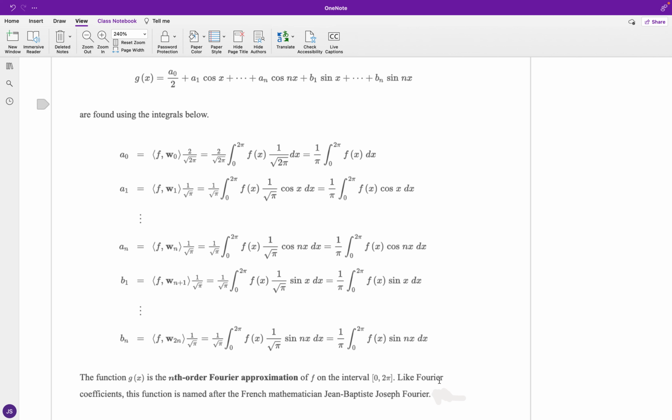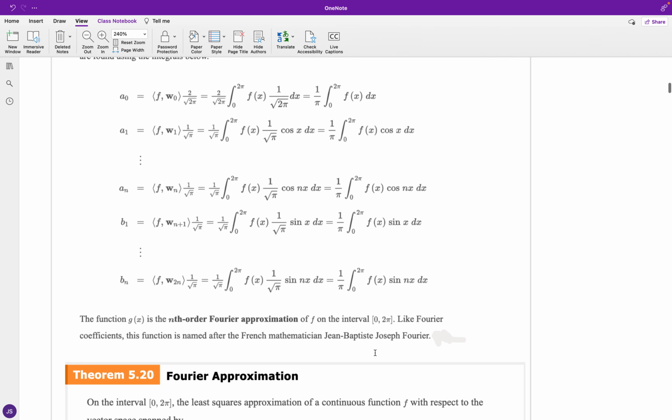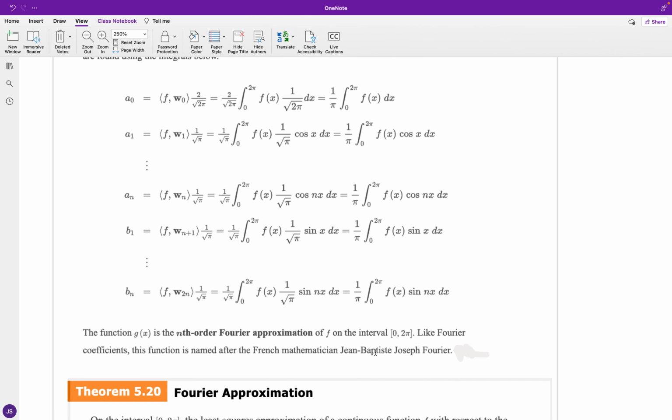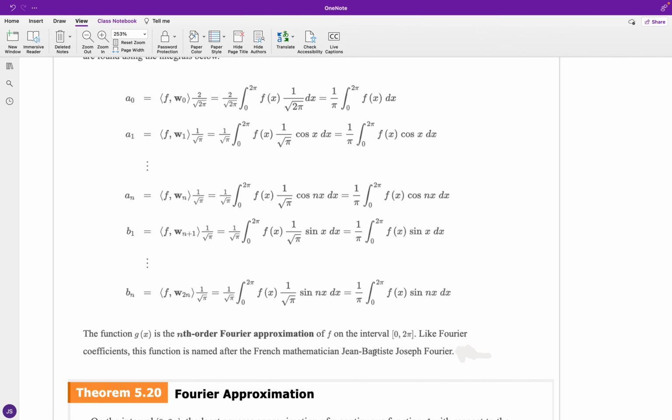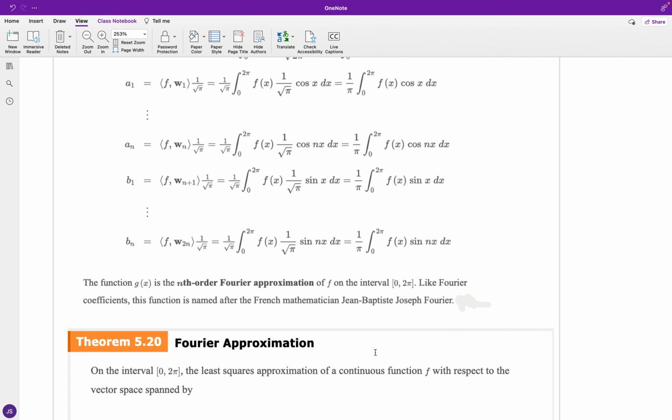And now, for this function g(x), it says that this function is going to be the nth order Fourier approximation of f on the closed interval between 0 and 2π radians. And like Fourier coefficients, this function is named after the French mathematician Jean-Baptiste Joseph Fourier.